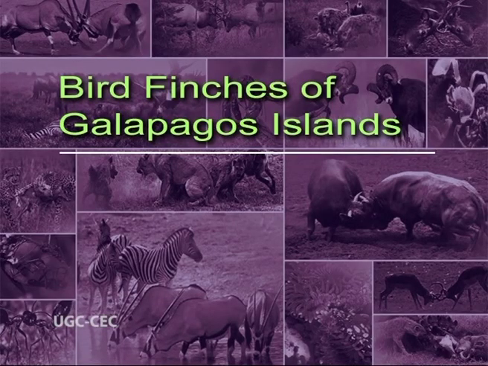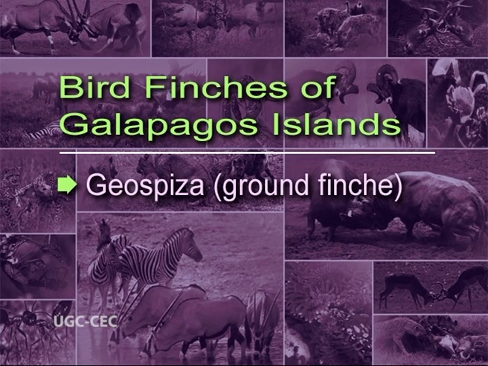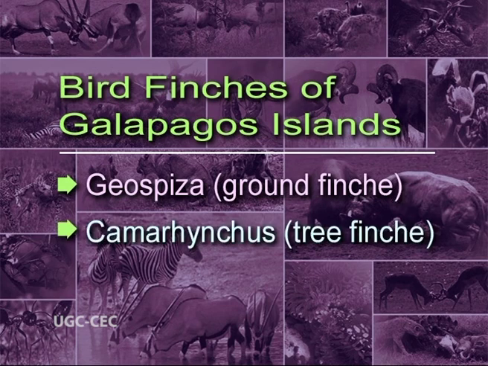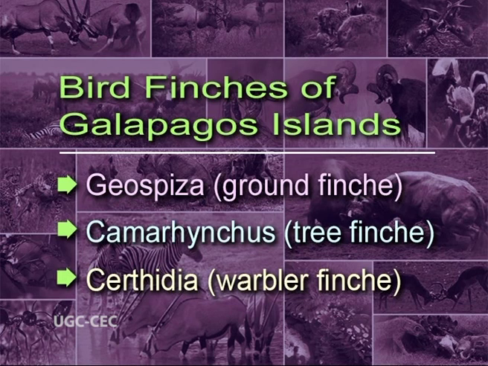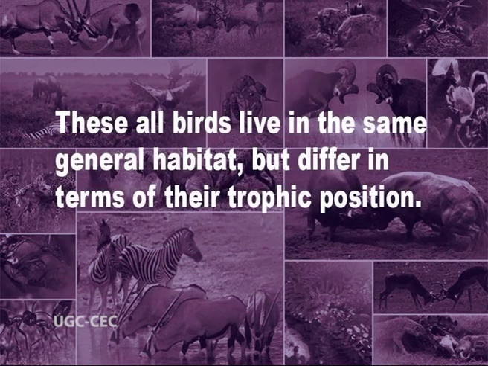These birds belong to three genera: Geospiza, that is ground finch, Camarhynchus, that is tree finch, and Certhidea, which is warbler finch. These birds all live in the same general habitat, but differ in terms of their trophic position.